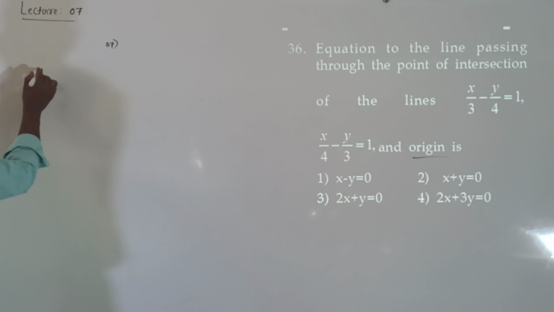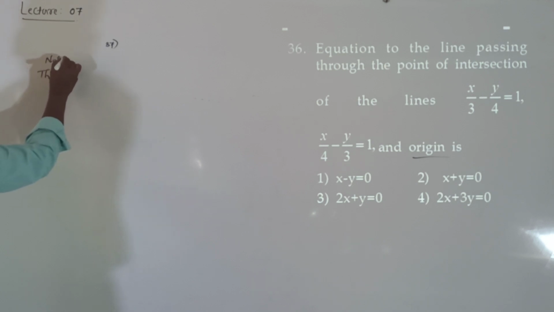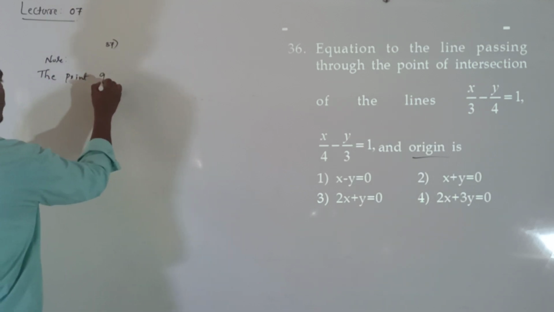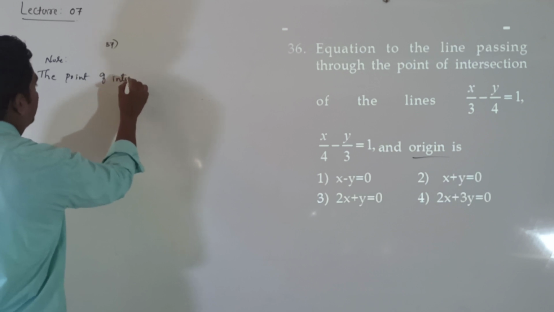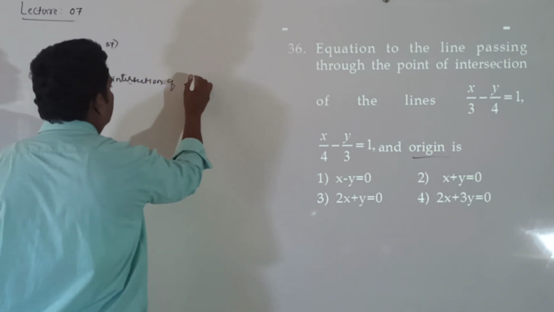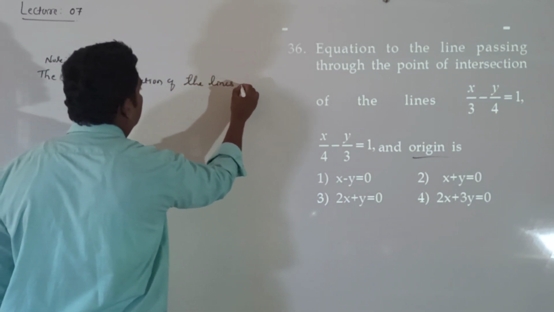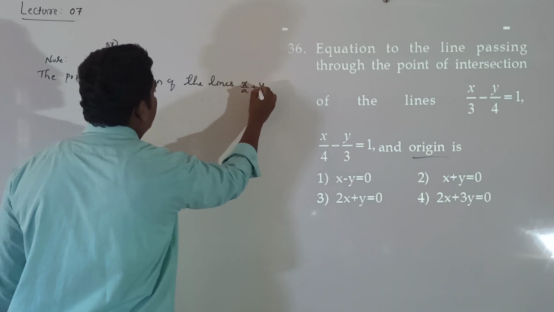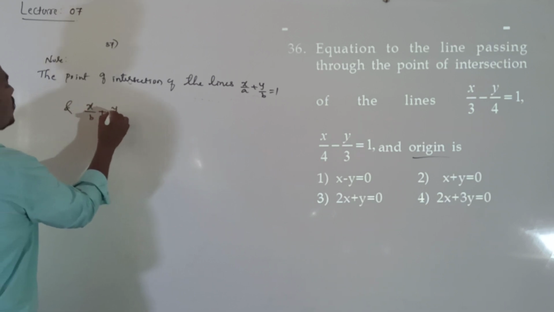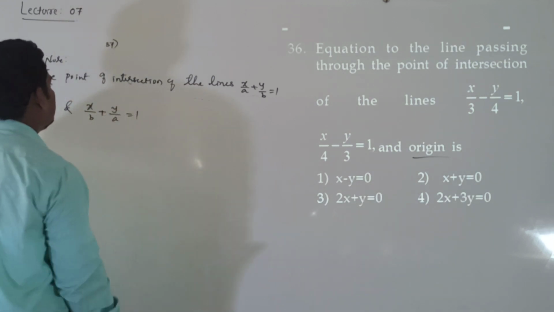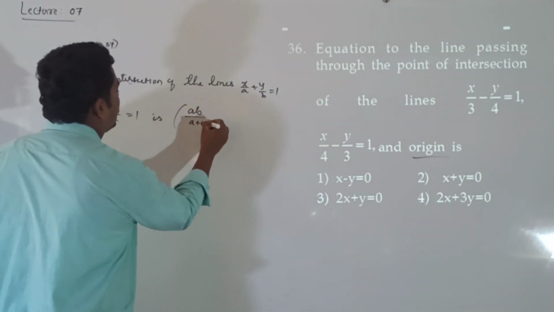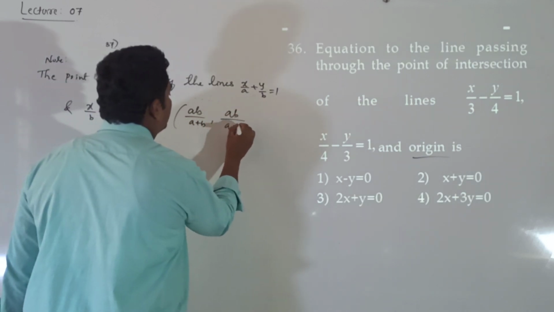Take this as note: the point of intersection of the lines x by a plus y by b is equal to 1 and x by b plus y by a is equal to 1 is ab divided by a plus b comma ab divided by a plus b.